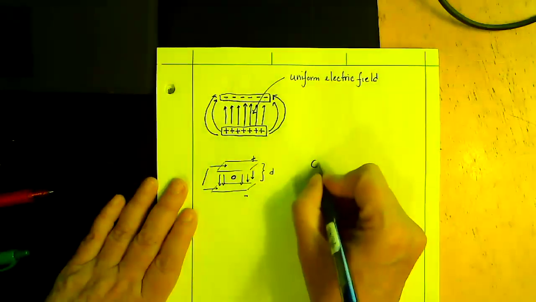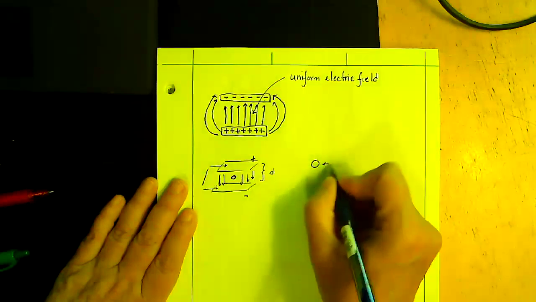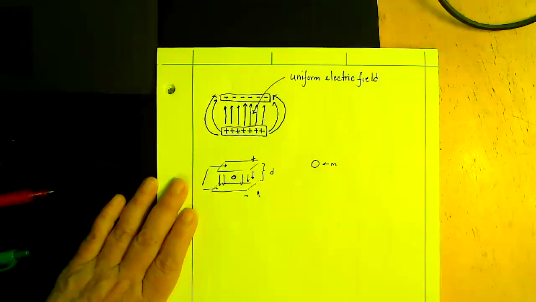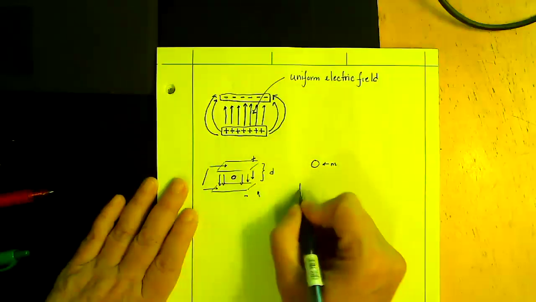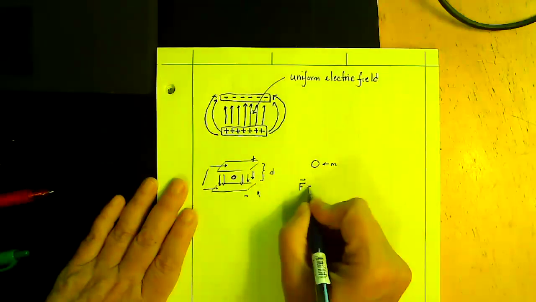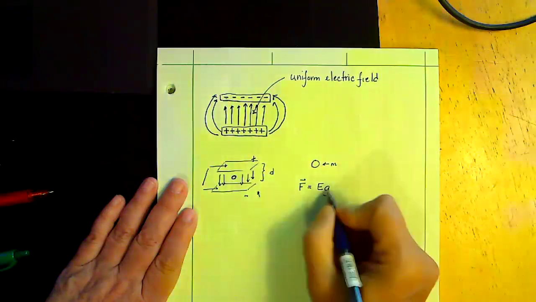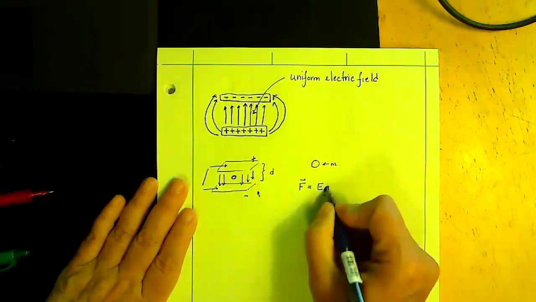And so depending on the mass of my object here, and if I know my electric field, I've just done a force balance. Okay, the force is going to equal my electric field times the charge. Oops, it's a Q, right?